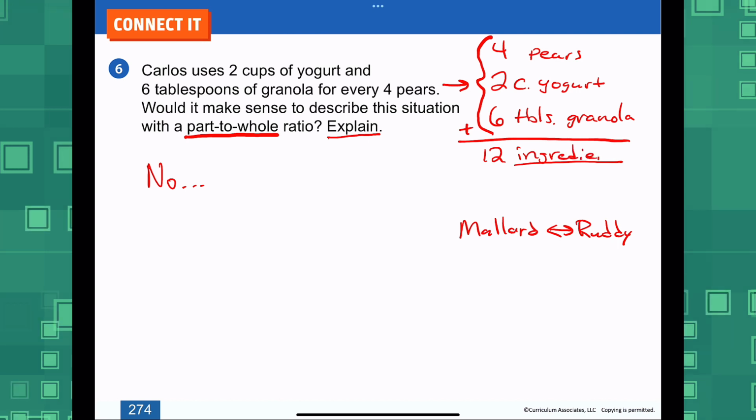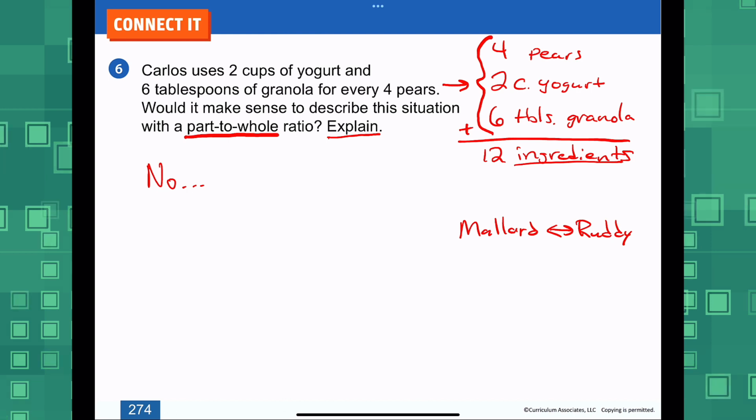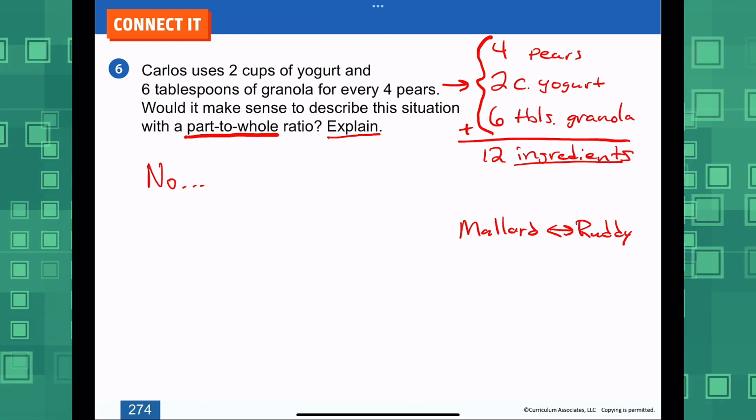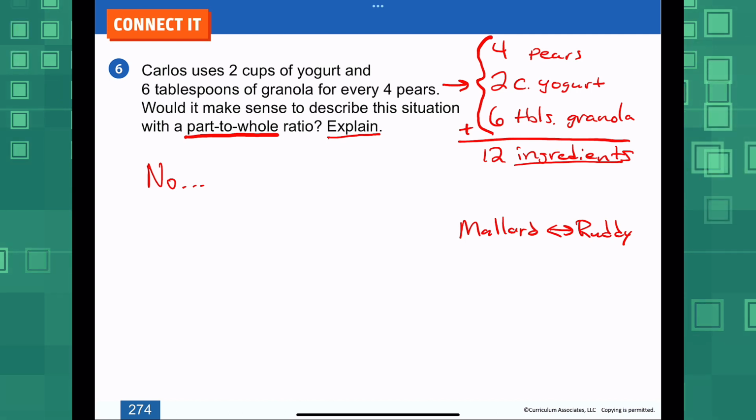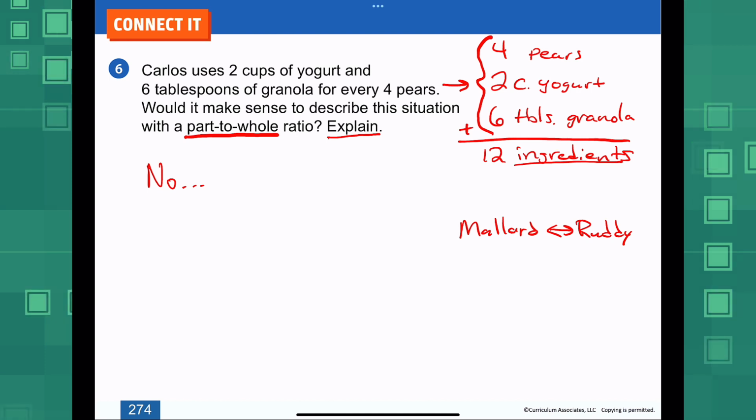Maybe. In this case, it actually might make sense to do a part to whole. It would be 6 tablespoons of granola for every 4 pears, and then also 2 cups. Would it make sense to do a part to whole? Is that 4 to every 12? There's 4 pears for every 12 ingredients? Well, 12 what ingredients? How are you measuring the ingredients?